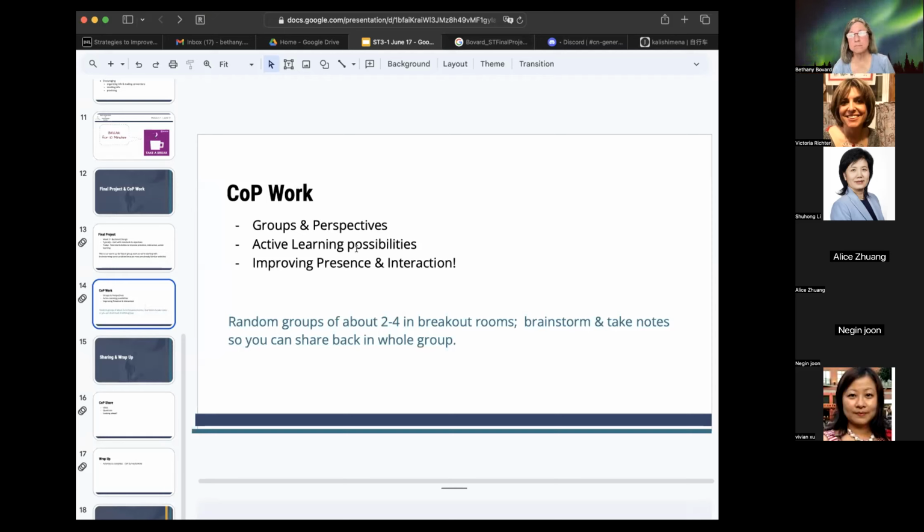So Bethany, I'm thinking for your project, since you're talking about hobbies. I look at the strategies for the community of inquiry. One thing is cognitive presence. So maybe you can do something like a show and tell.